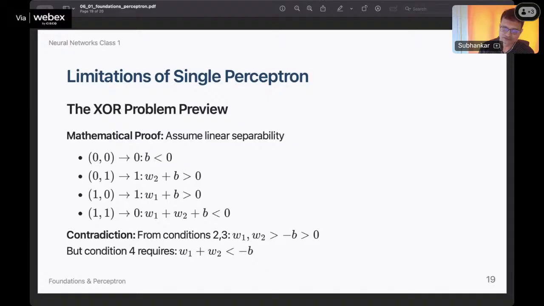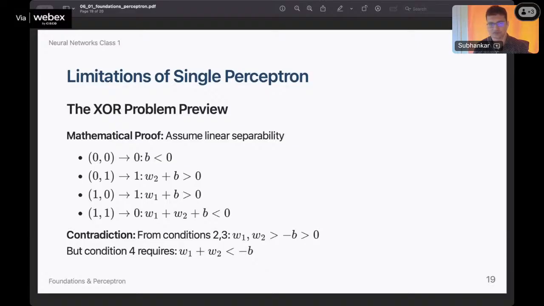Whenever there is a 0 and 0, output should be 0. And whenever 0 and 1, output should be 1. So for 0, 1: W2 plus B is greater than 0, and then W1 plus B also has to be greater than 0. But then you have the opposite condition, where 1 comma 1 gives 0: W1 plus W2 plus B is less than 0.